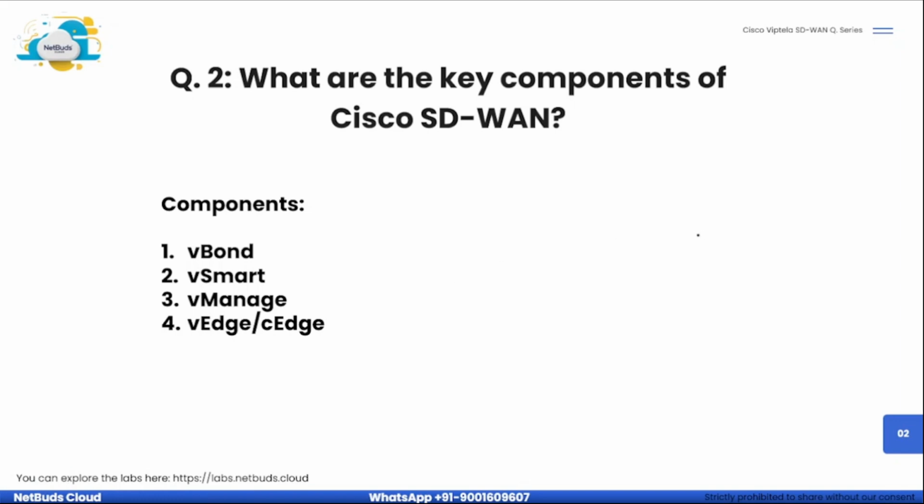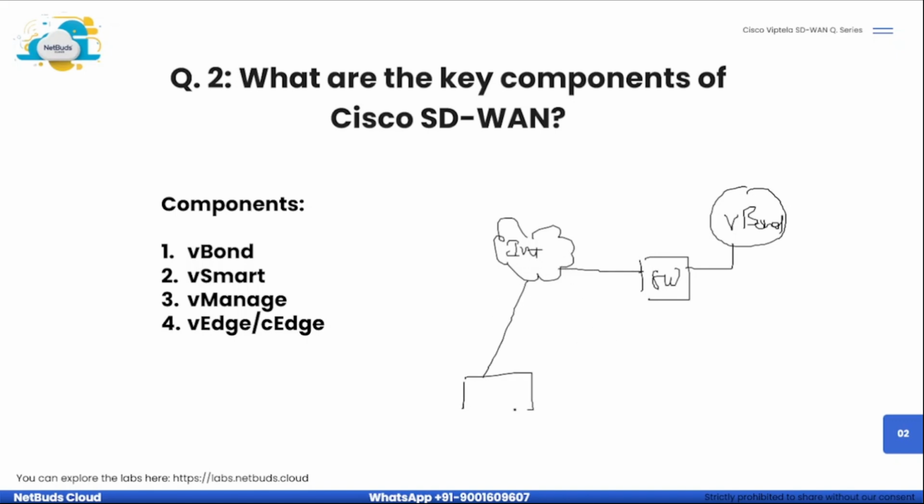Suppose this is my vBond device, and let's say this is my internet, and this is one of the switches, connected to this one, which is further connected to the internet. Now, one of my branches, let's consider this is branch one, wants to onboard onto the SD-WAN fabric.